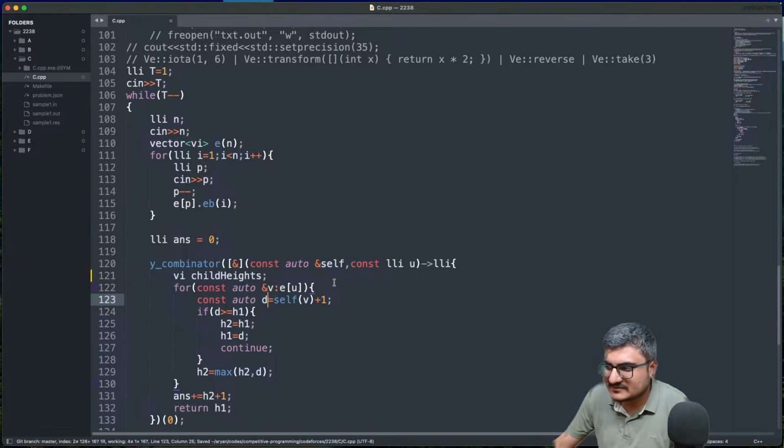Like this, the DFS tree will become the maximum height over there. So the node which has maximum distance from V plus 1 would be the maximum distance from this node.